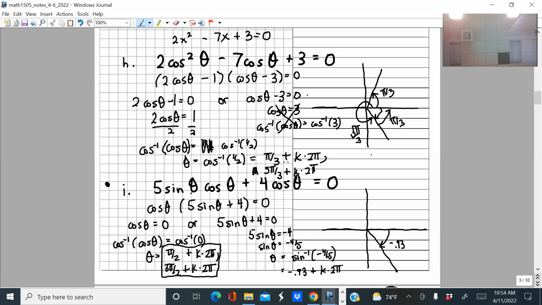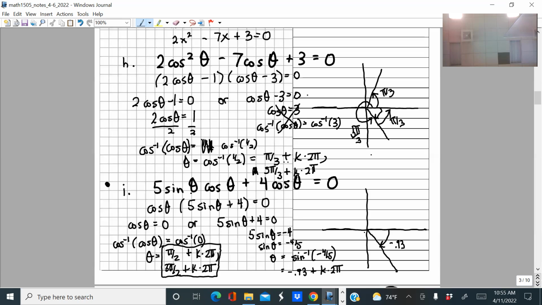Because now, since this is sine, we have to find another basic solution, and again, add on multiples of 2 pi. Where is that other basic solution going to be? Remember, your sine is negative. So where is sine negative? It's negative over here in the fourth quadrant. We already found this one. So where's the other possible answer? Third quadrant.